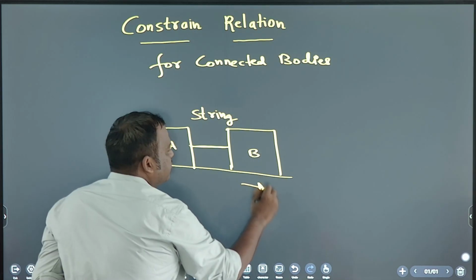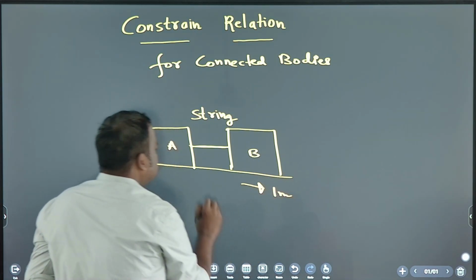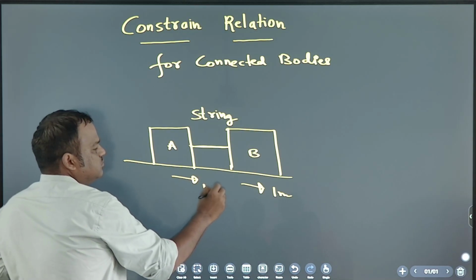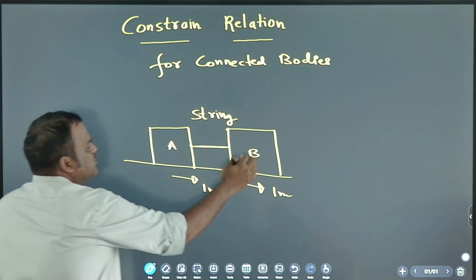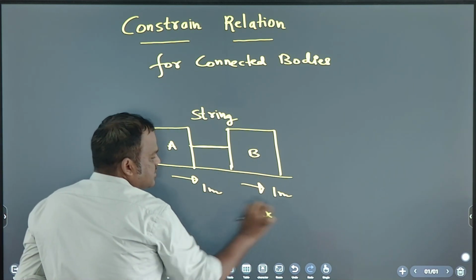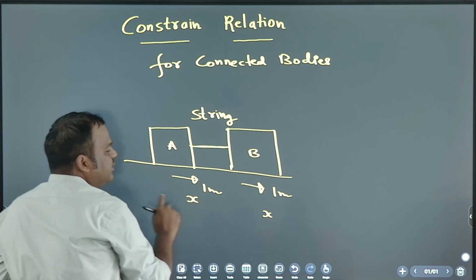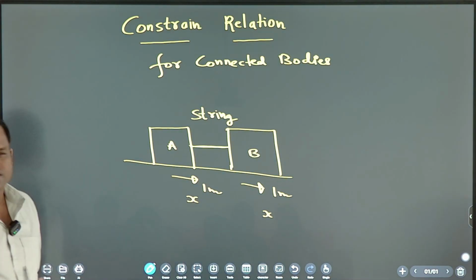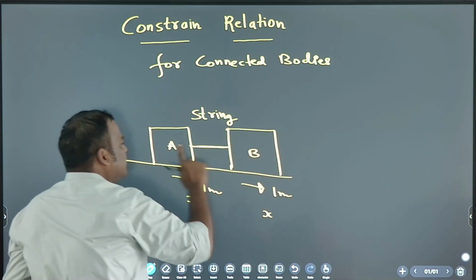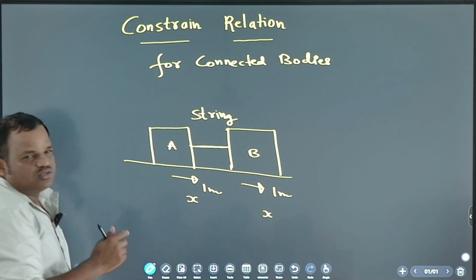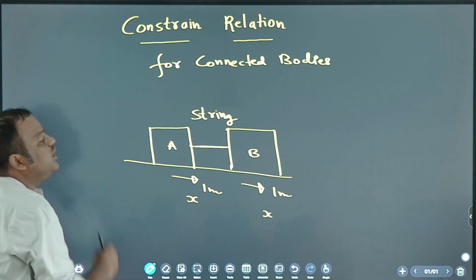So displacement of B, suppose 1 meter. What is the displacement of A? 1 meter. Correct? If displacement of B is x, then displacement of A is also x. Whatever is the displacement of B, the same is the displacement of A. So both displacements are equal.